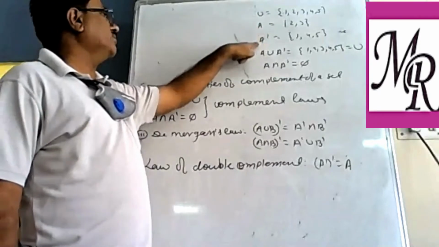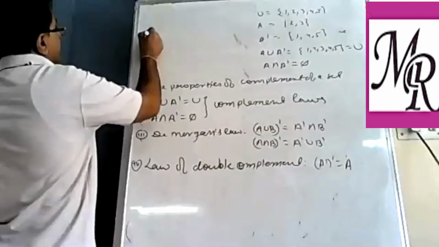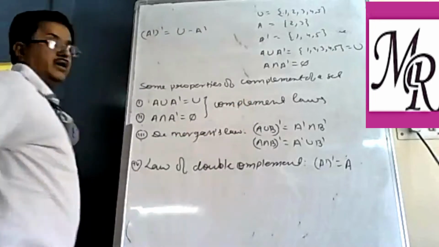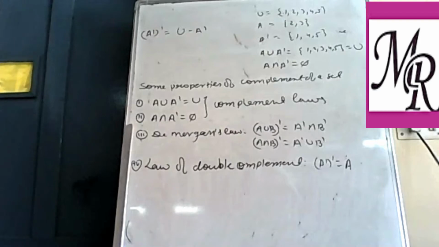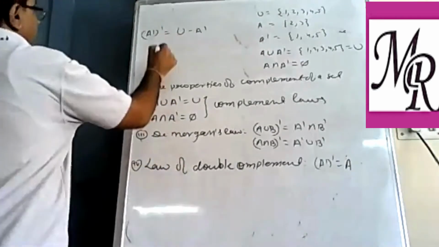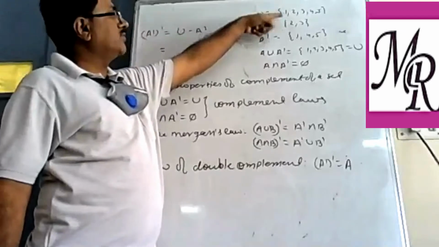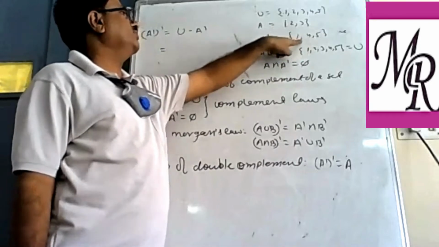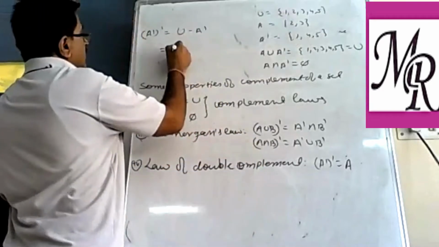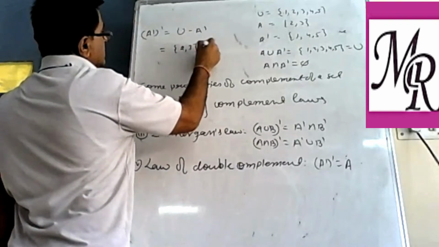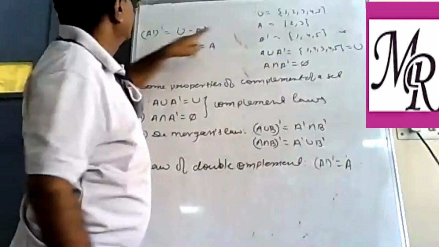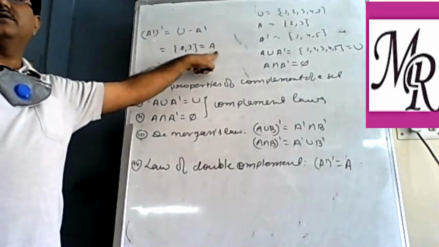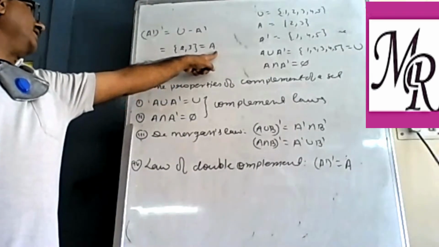Now if you find the complement of A complement again, we can write it as U minus A complement: all elements of U which are not in A complement. So from U we delete the elements of A complement, that is 1, 4, 5. If you delete them, the remaining are 2, 3, which is again A. That's why we say double complement: the complement of a complement set is again that set. Right? So you have to write this.